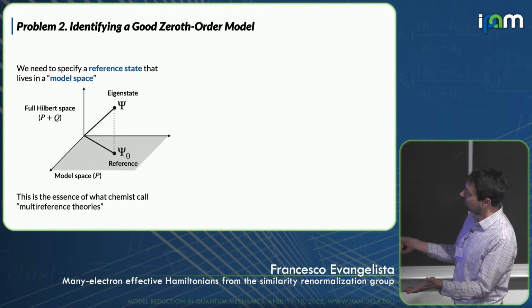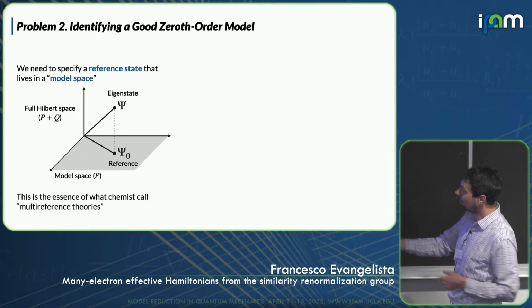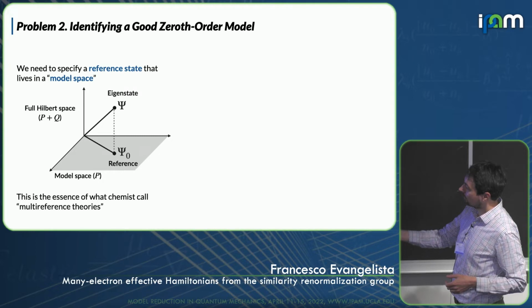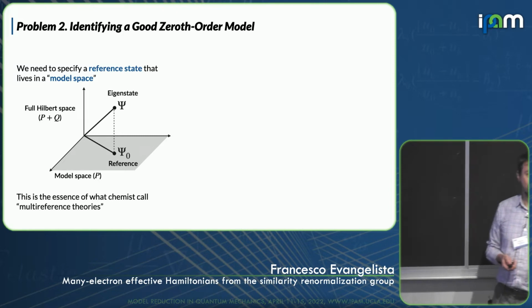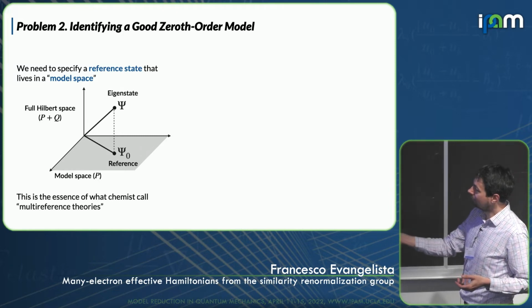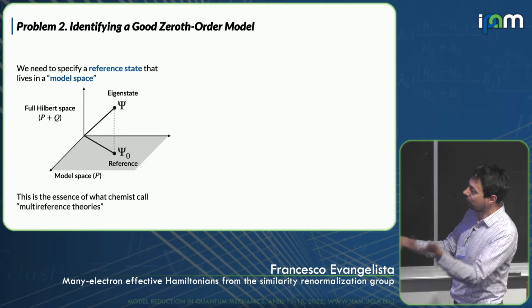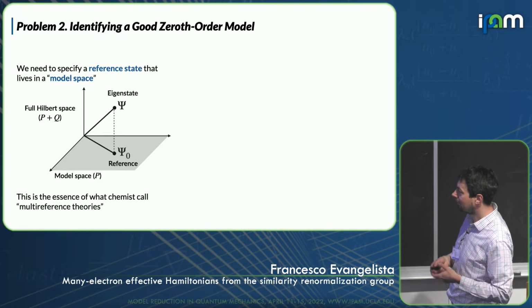And I separate that space into a low dimensionality space, small, called the model space, and the eigenstate projected on this subspace is going to be my starting point for creating the model. So I'm going to try to create a model that works around this reference state. And this eigenstate shouldn't be too far away, because otherwise everything is not going to work well.